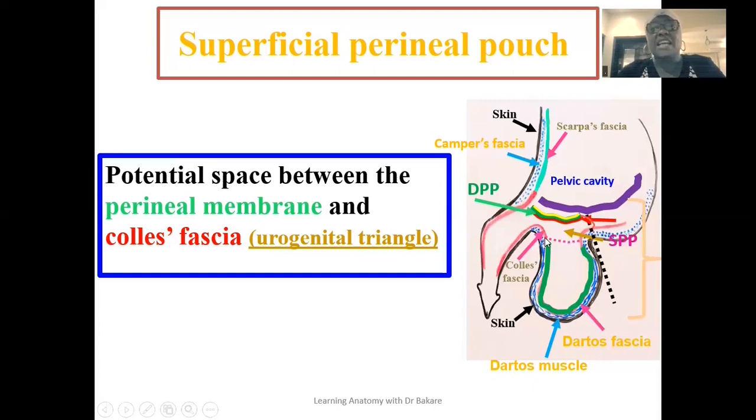The Colles fascia is now a transformation that is seen around this region from the dartos fascia. So this is why we say we have the superficial perineal pouch located between the perineal membrane, which of course is at the superior limit, and the Colles fascia, which of course is creating the inferior limit. So it is sandwiched between these two fascia.